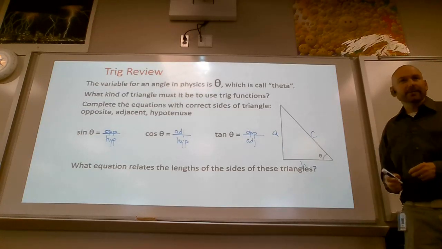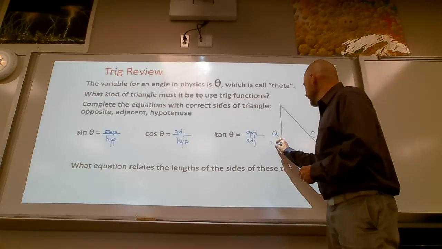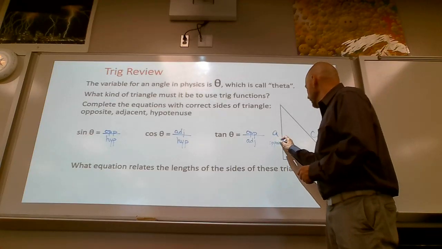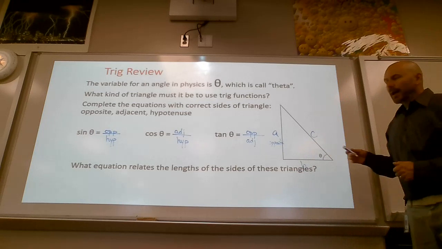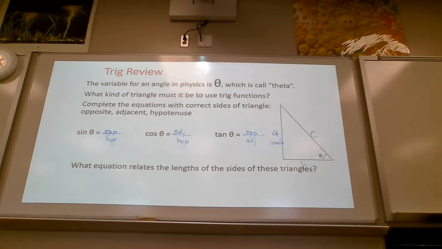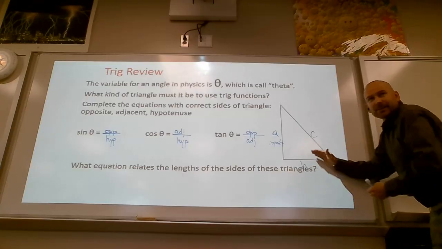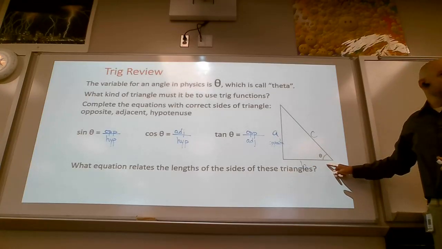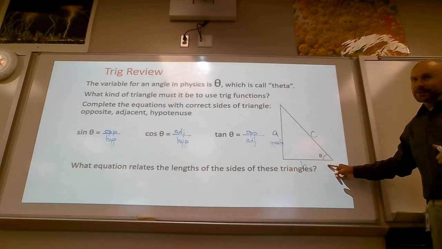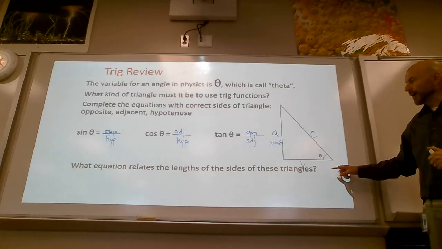A is opposite. So this would be your opposite side. Adjacent means touching. So like your neighbors have adjacent yards to yours. These two sides are adjacent to this angle. They're touching this angle. But one of them is a hypotenuse. Which of those is the hypotenuse?